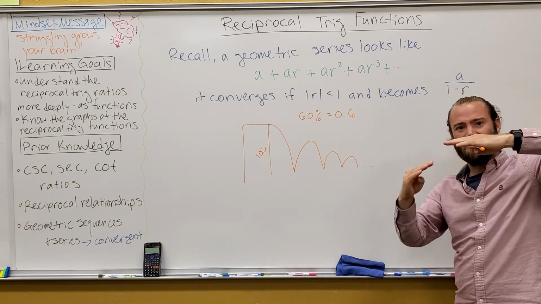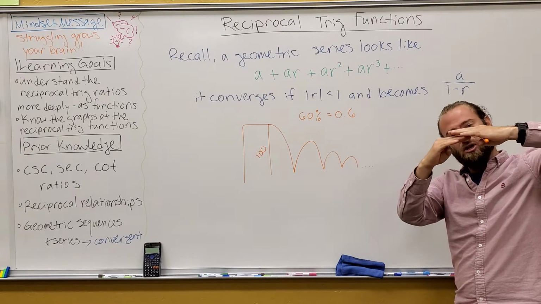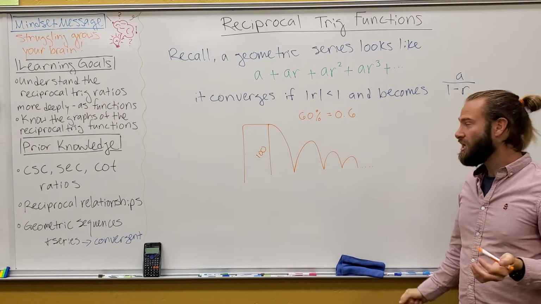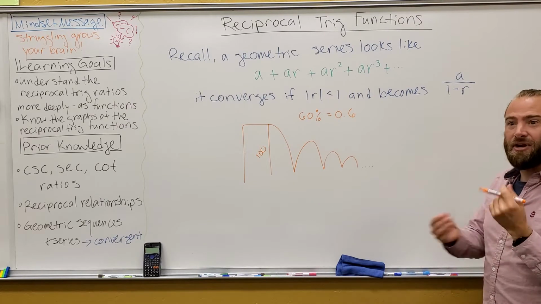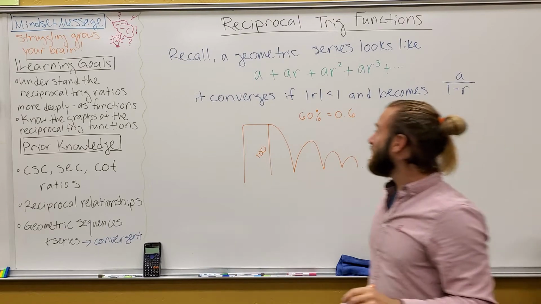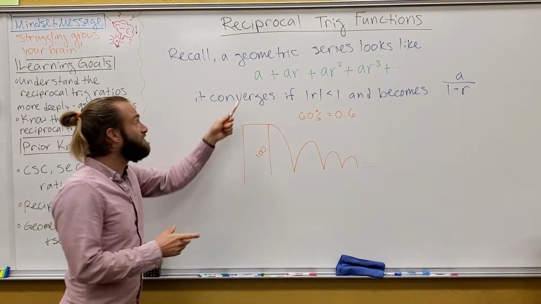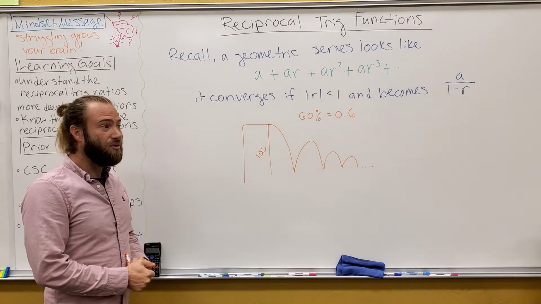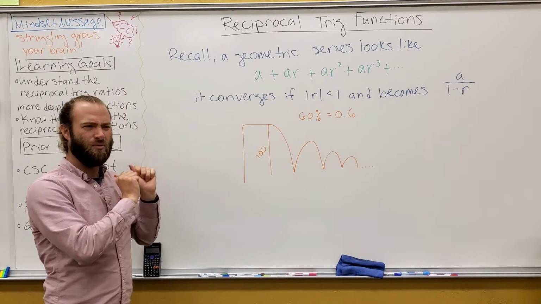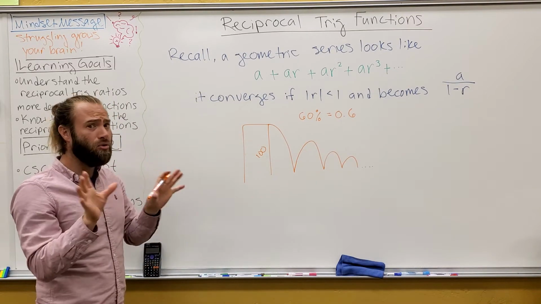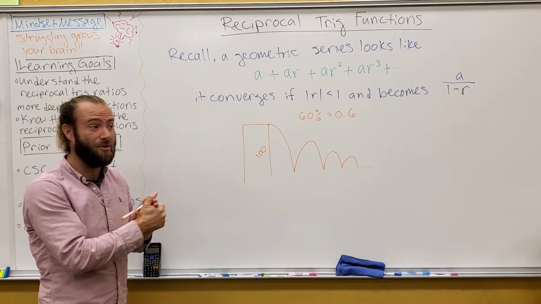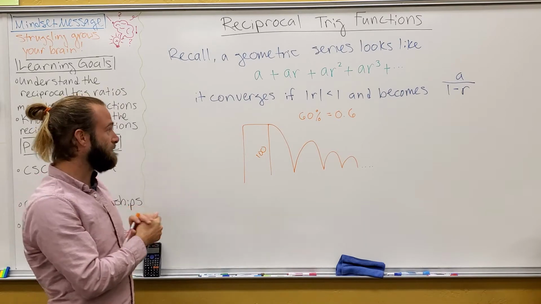If we keep track of the total height, it's going to get closer and closer to a certain value, but it's going to plateau. This idea of it ever increasing but getting closer and closer to one specific number is the idea of converging. There's a really cool thing that relates to trig functions that also relates to calculus. We're kind of looking ahead here, and it's totally okay if you're not completely grabbing onto everything for this particular example. Don't worry too much about it, okay?